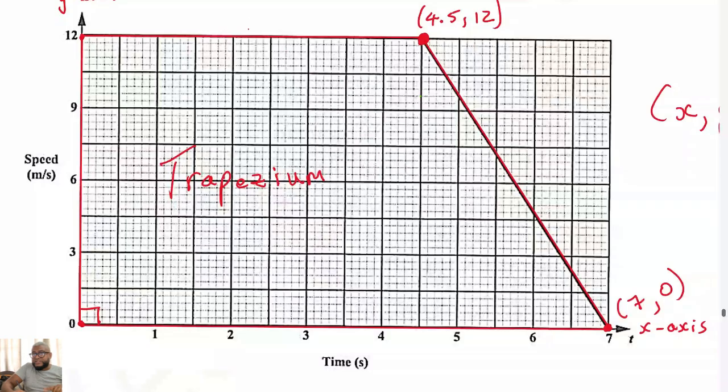A trapezium has a pair of parallel lines, which we're going to call A and B, and it also has your height. Your height is the perpendicular distance between the two parallel lines. So let's indicate what A is. What's the length of A? It will be in seconds, but let's put the length.